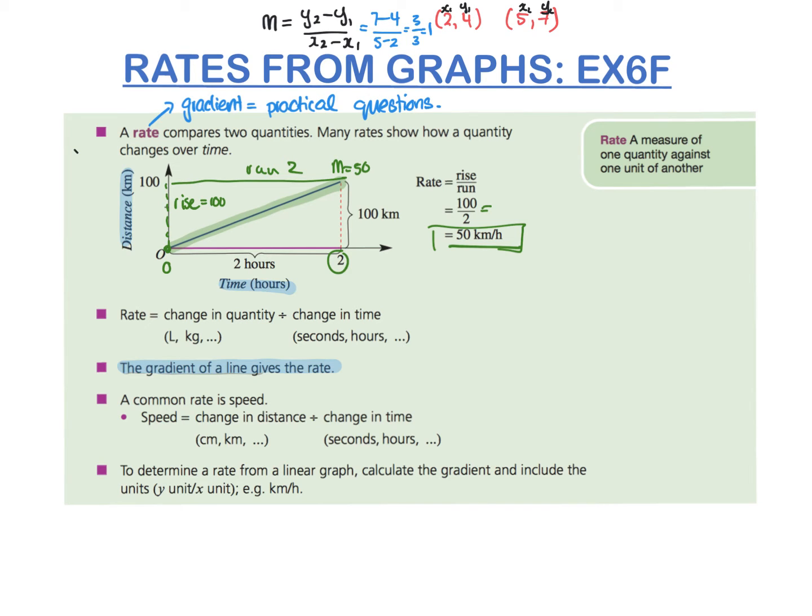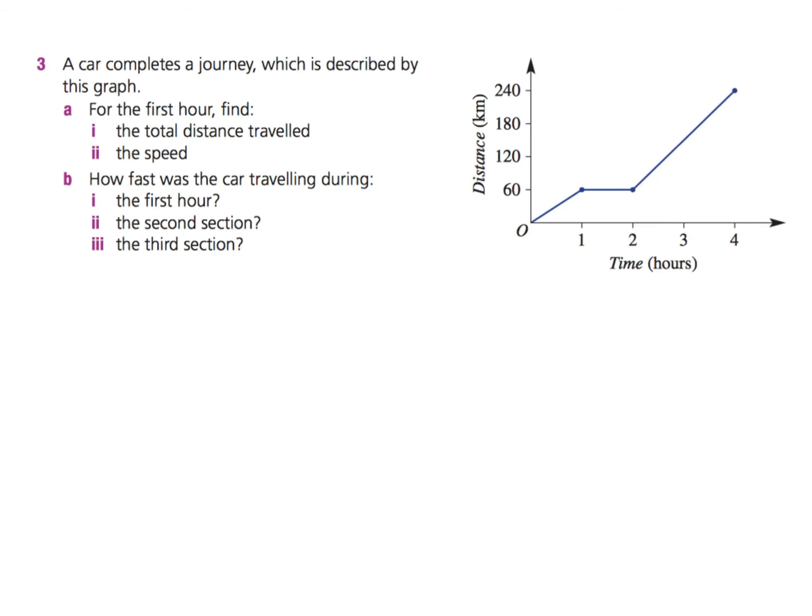That's pretty much all we need to know: if you see a rate, it means gradient. We'll do some practical questions, so let's start. A car completes its journey, which is described in this graph.